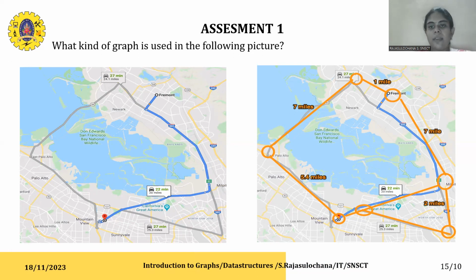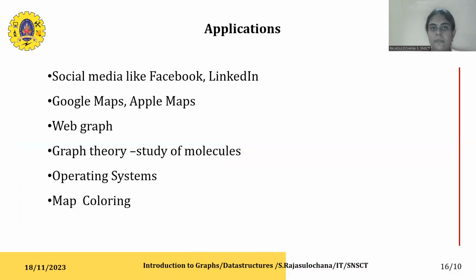Here, the weight does not represent the distance alone. In this graph it is mentioned as 7 miles, 1 mile, so these are the distances. But this weight can be anything. It can be distance, the cost incurred, or the time lapse. It need not be specific. So the first graph is an unweighted graph, whereas the second graph is a weighted graph.